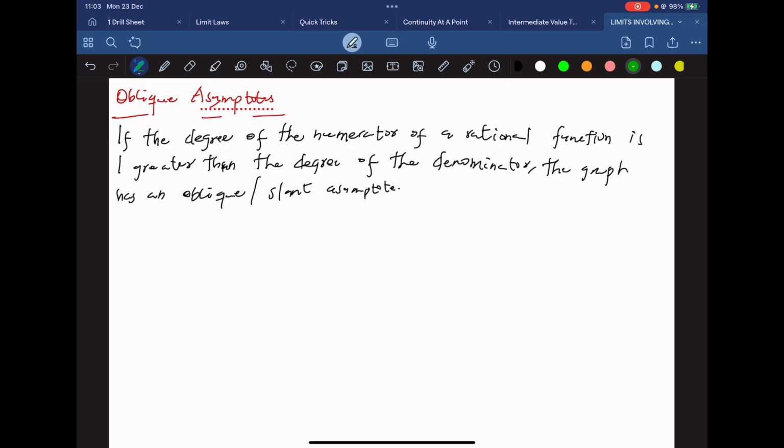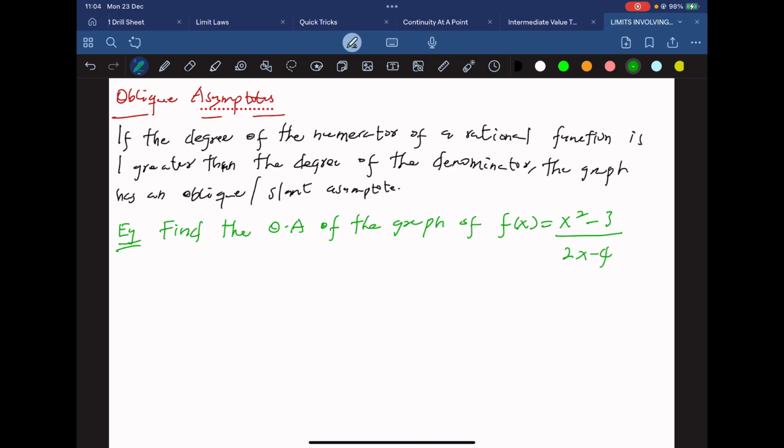So let's look at a question. We have to find the oblique asymptote of the graph of f of x equal to s squared minus 3 out of 2x minus 4.